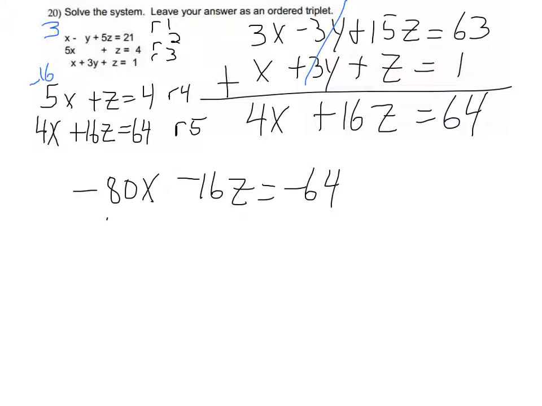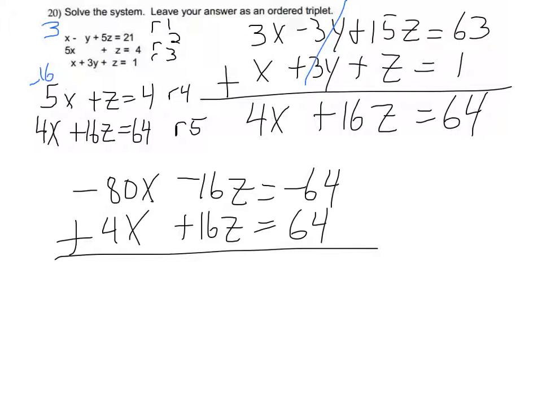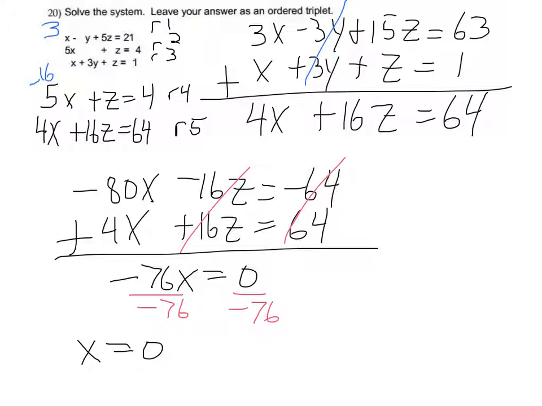Our row 5, 4x plus 16z equals 64. When we add these up, we get rid of the z. Hey, this time, not usual, we get rid of the x as well. It's okay. We get negative 76x equals 0. So we finish solving for x, and we get x equals 0. We found x. X equals 0.